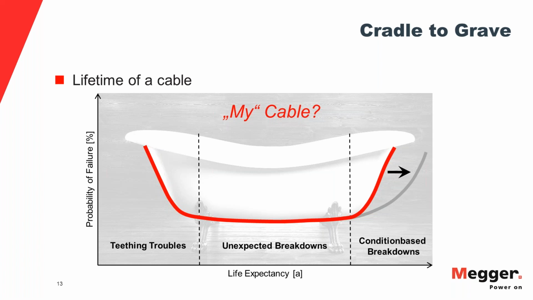And then towards the end of life, and also already beginning in the main time of operation, due to aging, conditions, years of operation, contamination and harsh environmental conditions, you see the failure rate going up significantly. Here condition-based maintenance comes in big time, because with the right management of your resources and the right testing, you can substantially extend that time and maximize the lifetime of your asset.